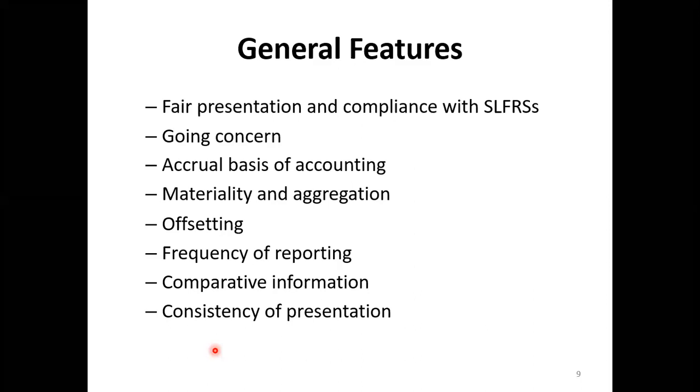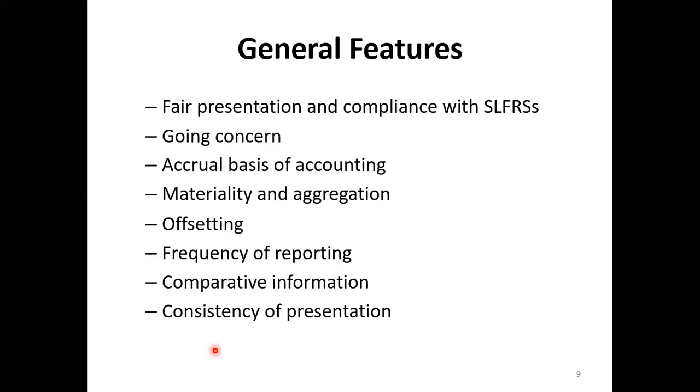Offsetting. Sometimes when they show balances, they put net figures, debit and credit. For example, when they show other income, they don't want to show how much income was received and how much expenditure occurred to earn that income.